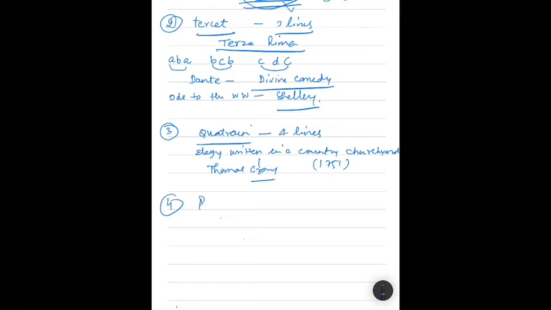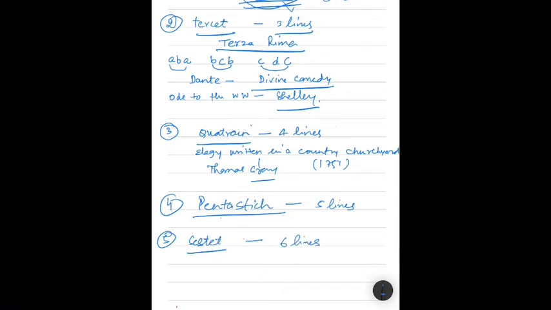Then comes Pentastich. Pentastich, a stanza of 5 lines. Coming to Sestet, I think you are familiar with this word. A stanza of 6 lines.